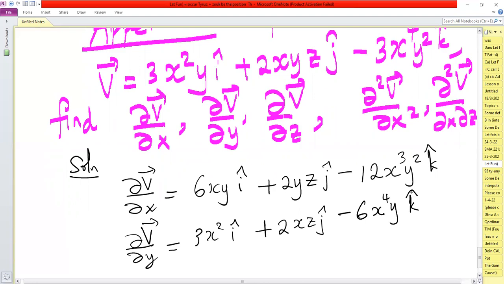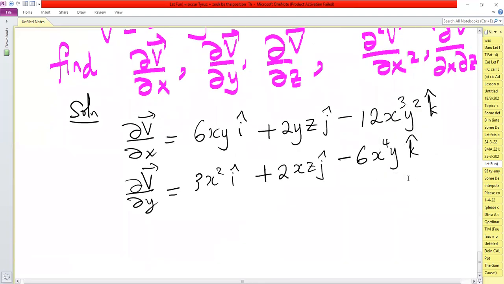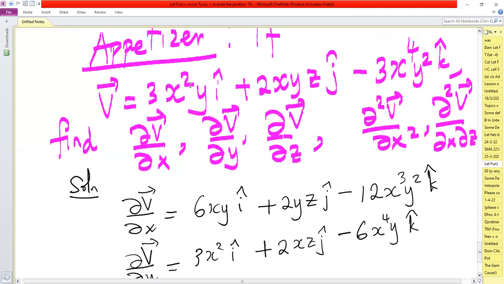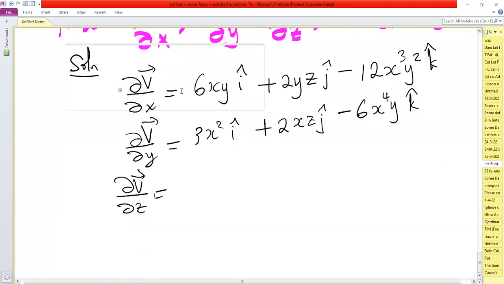And then next, partial v partial z will be given by: for the i component, there's no z, so the derivative with respect to z will be 0, so 0 i.